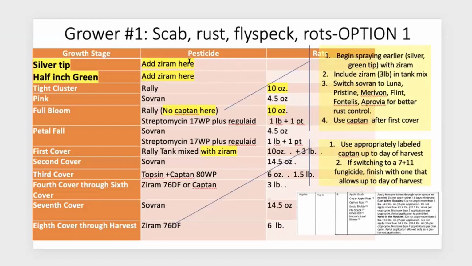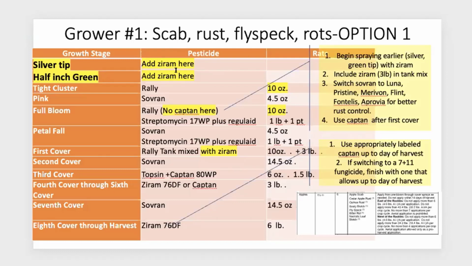Not just with scab, but it has been shown to help with some bacterial diseases. I don't know if it helps with fire blight or not, but the big problem here is scab, and Xyrem is going to do a better job even than copper. So there's an option. And then coming up with a second spray at 1/2-inch green, not just silver tip.